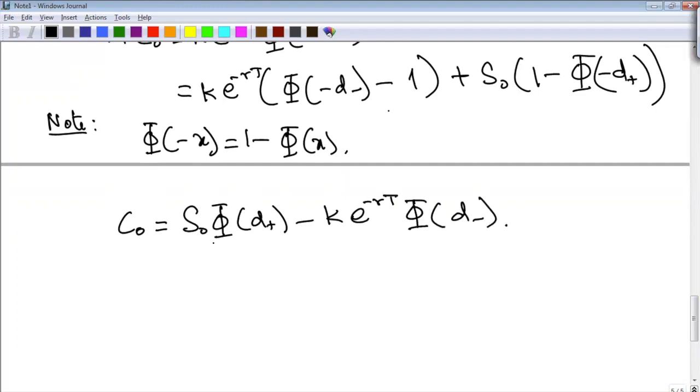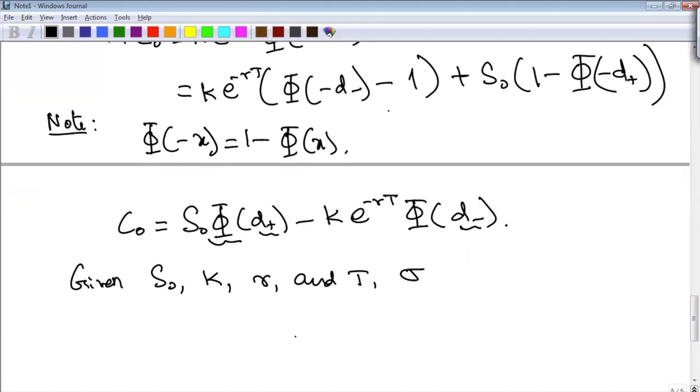So remember, we know how this expression for Φ is given, and d plus and d minus are given. Therefore, given S_0, K, r, and T, and also remember we have to have sigma, which is the volatility.